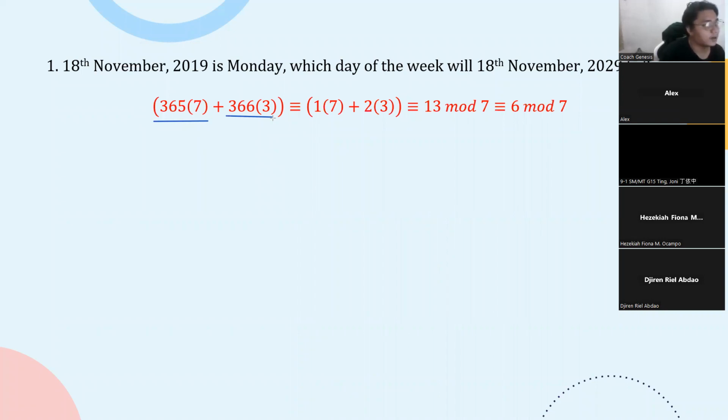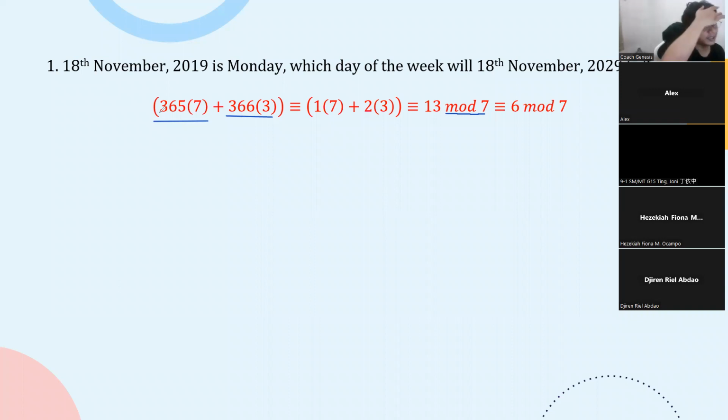Since we have 10 years here, we could just subtract 3 from 10 to get the number of regular years. Now, since we are talking about the day of the week, we can apply congruence modulo 7, or basically just divide by 7.